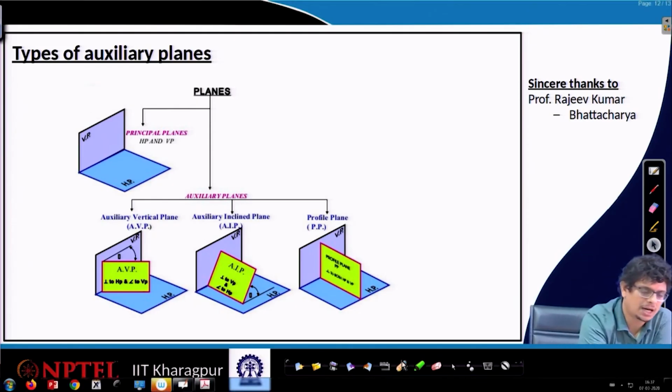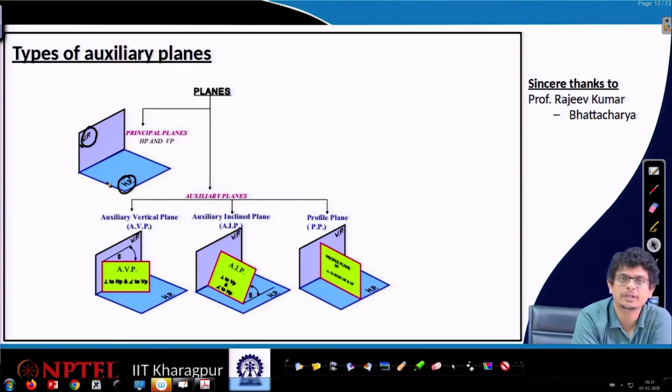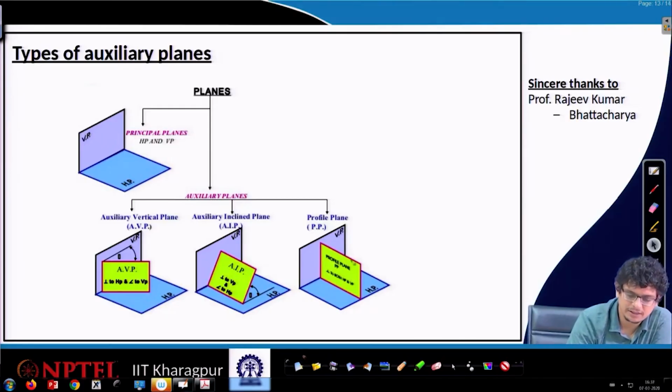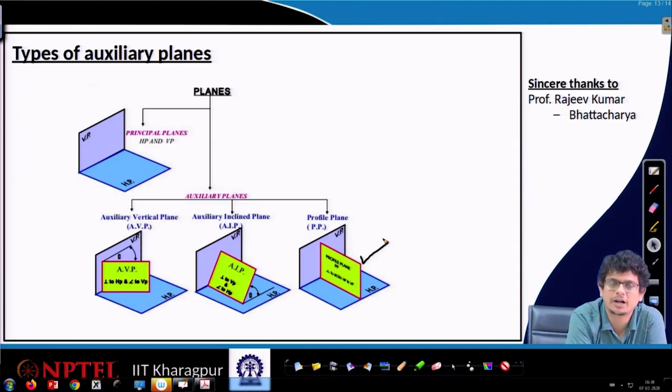One is our vertical plane and the other the horizontal plane; these are called principal planes, orthogonal to each other. The additional one is our profile plane, which we usually consider orthogonal to both planes, that is this one, perpendicular to both the horizontal plane and the vertical plane.